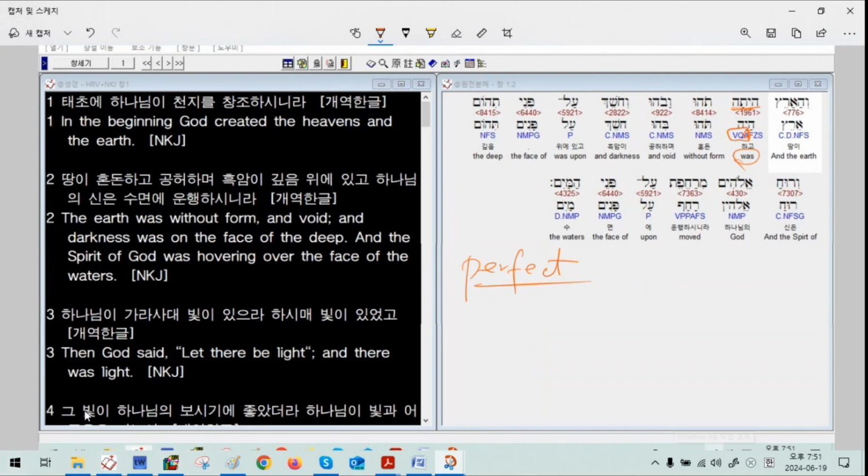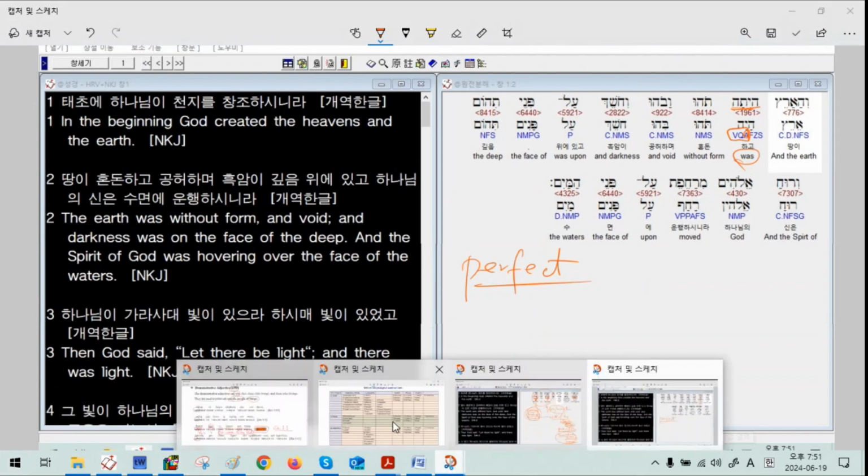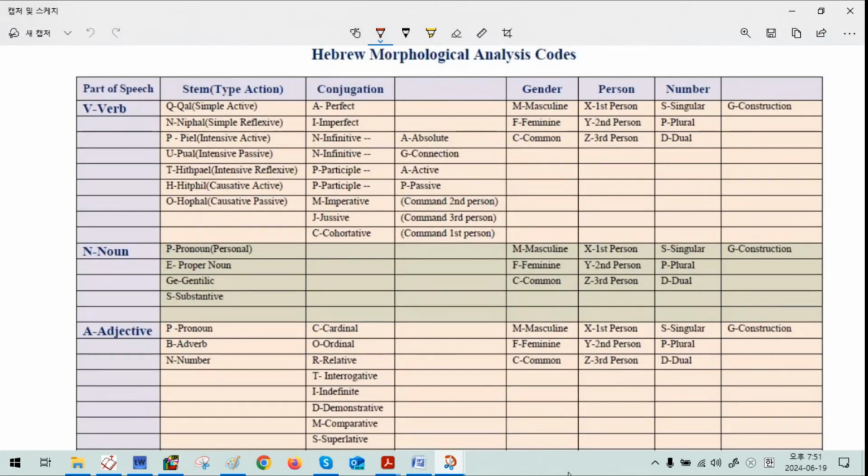So I put the parsing code here in our screenshot. Whenever you see VQ, it is the Qal verb, which is a simple active verb. A is the perfect, and I is the imperfect. So the earth status is the perfect status.